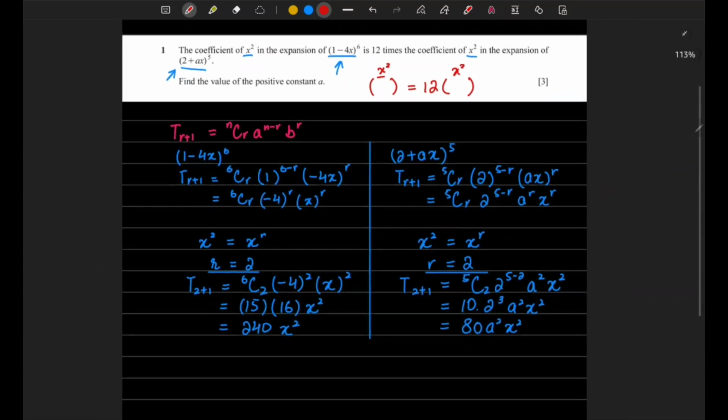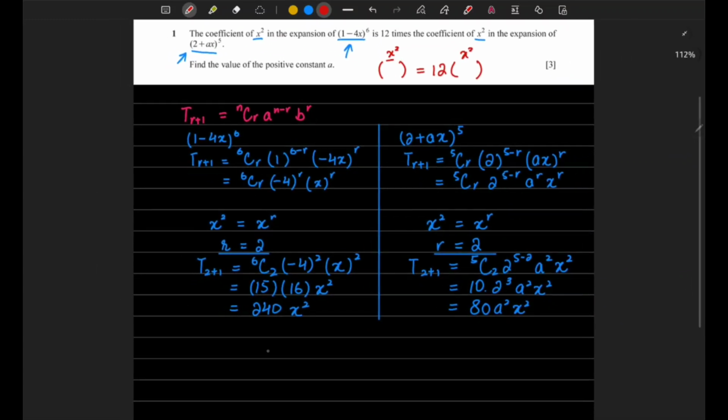So the coefficient of x squared in the first bracket is 240. So 240 is equal to 12 times the coefficient of x squared in the second bracket, and that is 80a squared.